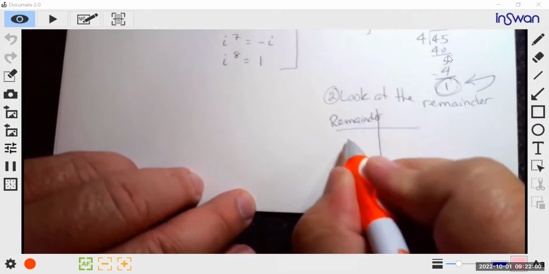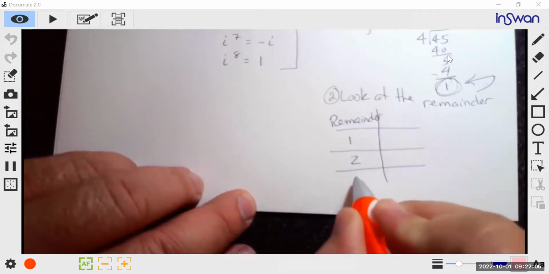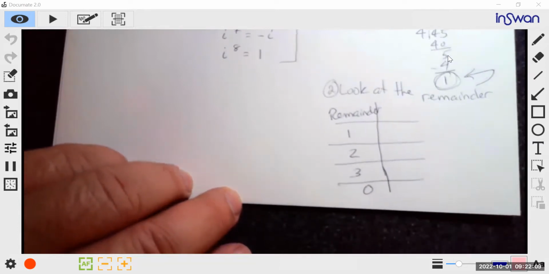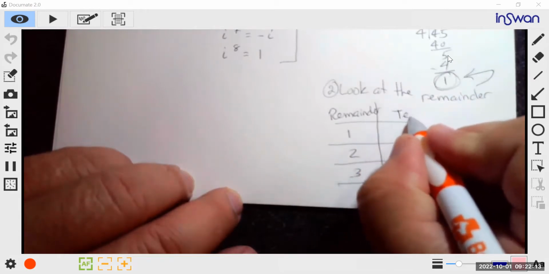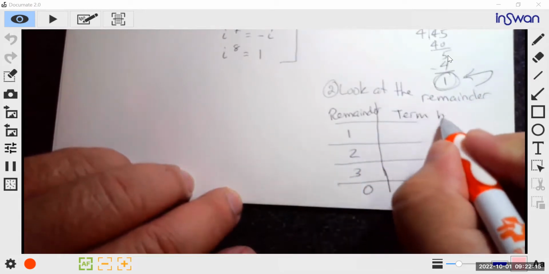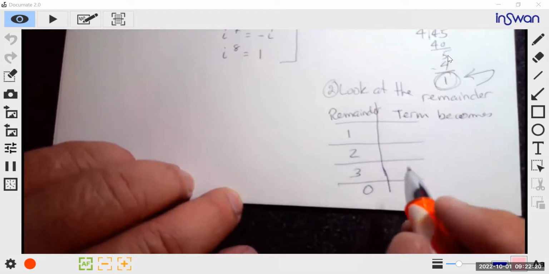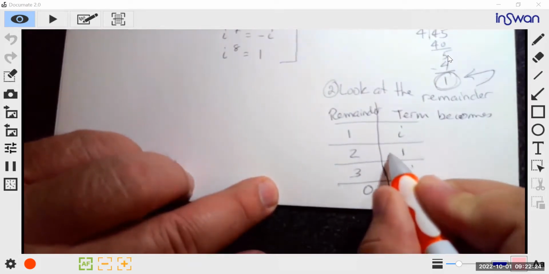If the remainder is 1, 2, 3, or 0, the term becomes i, 1, the middle two are negative.